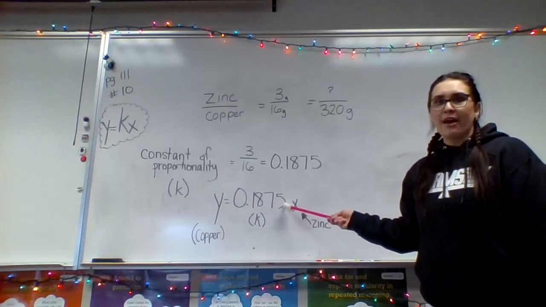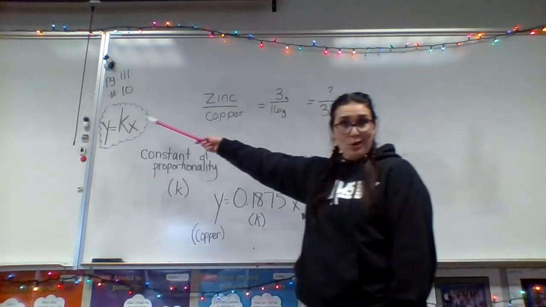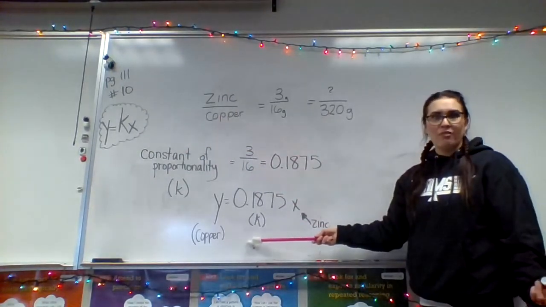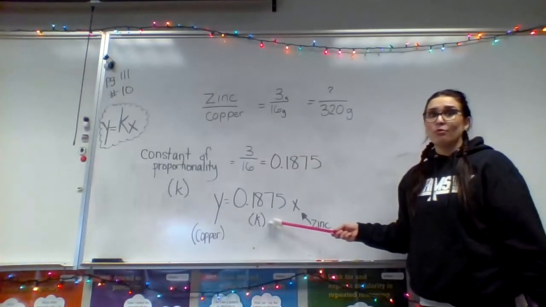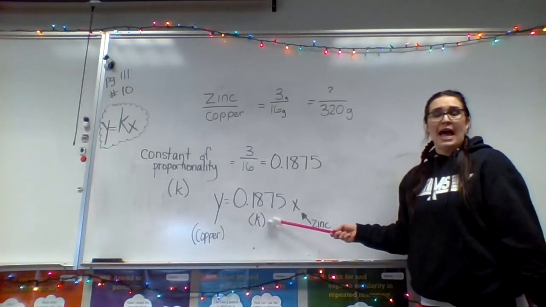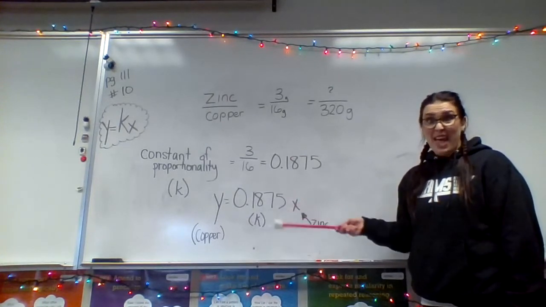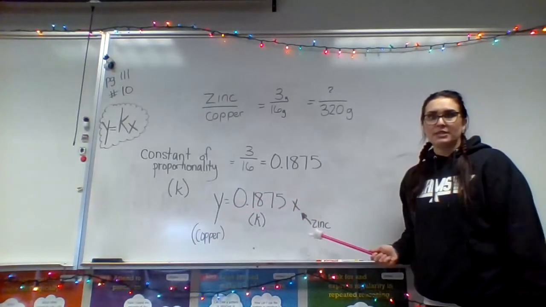So now I put it into this equation over here, which I modified from the one over there. Y is the amount of copper, that's what I'm trying to figure out. K is my constant of proportionality, my decimal. That's what I'm doing to my X in order to get my Y. And X is zinc.